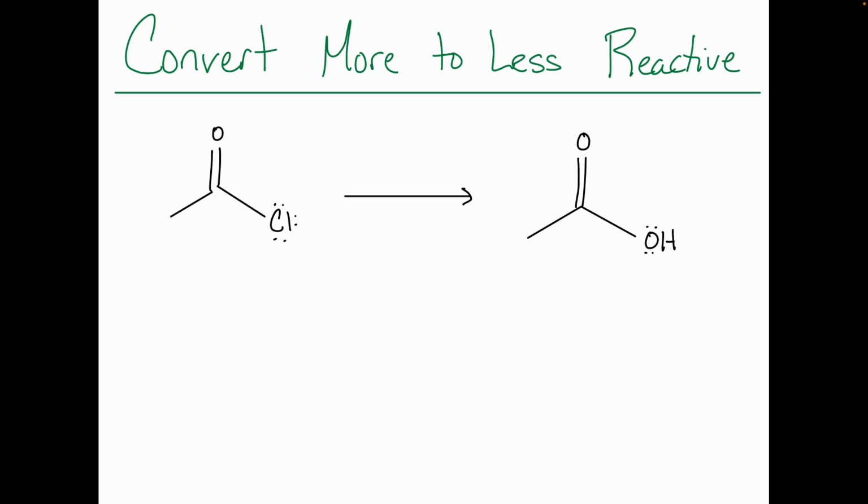Well, what do we need to add in there? We just need to swap out what's attached to that carbonyl carbon. So if, for example, I just added in hydroxide, that would react with that carbonyl carbon. I would replace that chlorine, and that would give me my carboxylic acid.